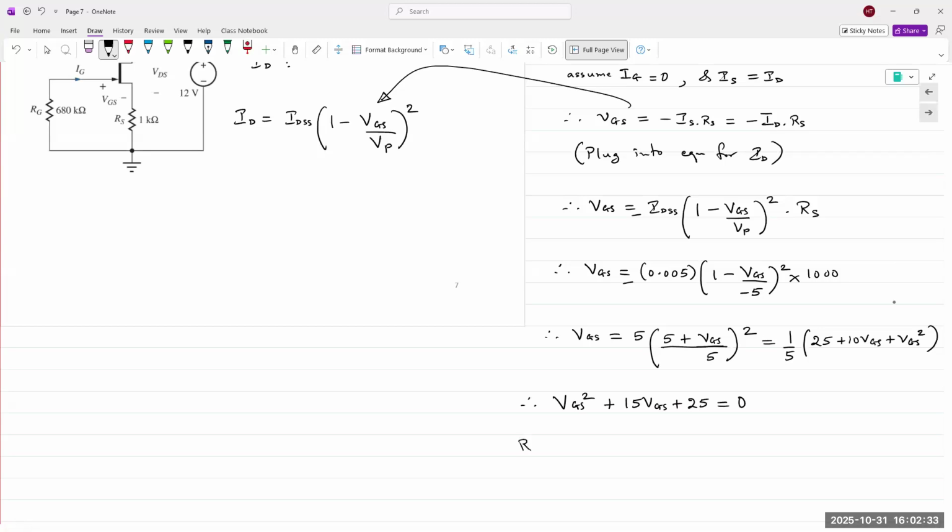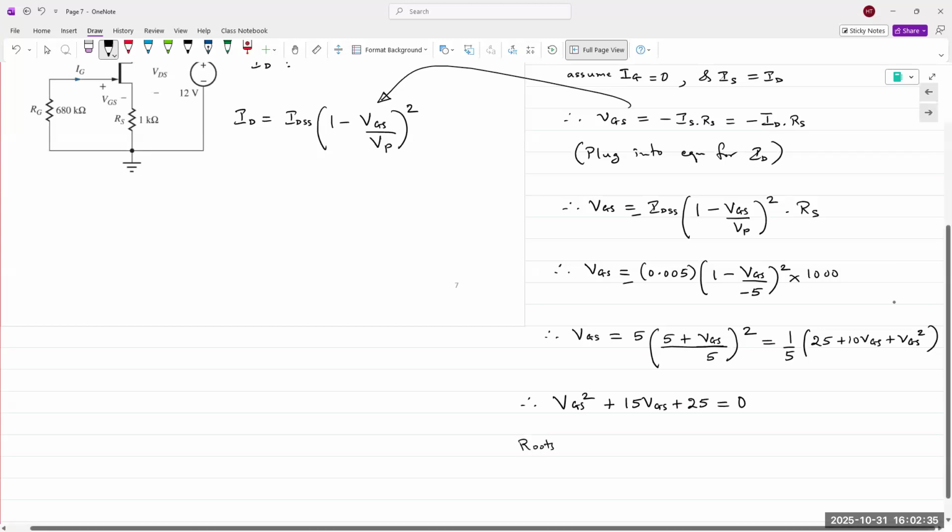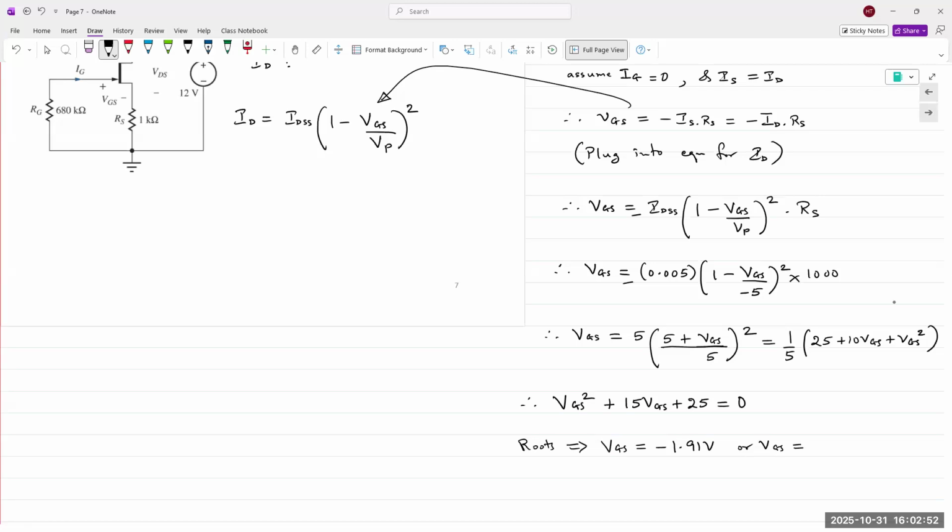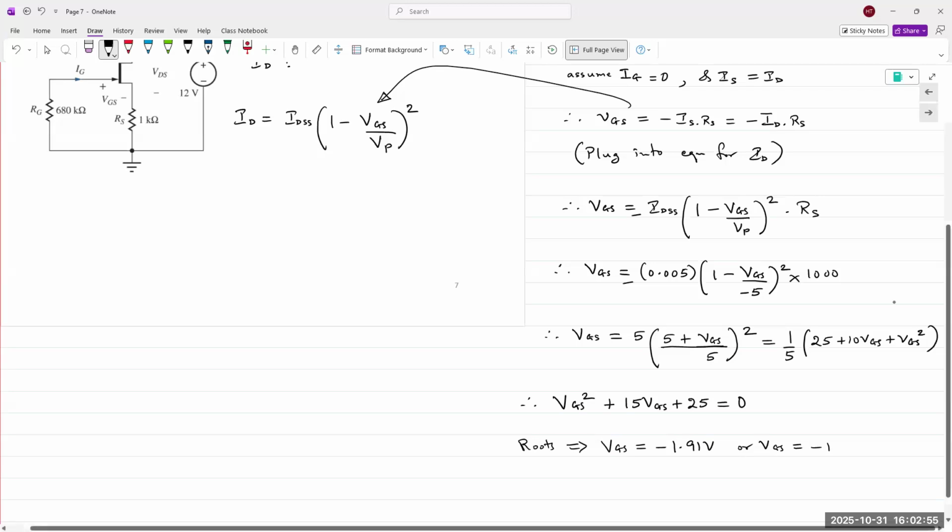I would strongly recommend students use their own calculators to calculate. Since you already have the answer here, the roots of this come out to be VGS is equal to minus 1.91 volts or equal to minus 13.1 volts.